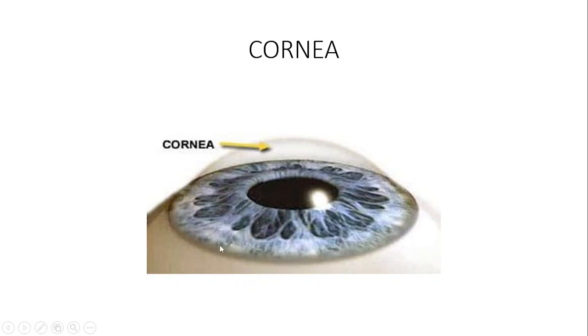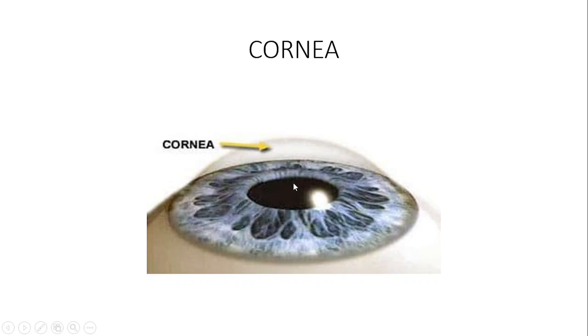Remember, at the center of the iris, there's a hole. Look at the hole, a black hole at the center of the iris. This is known as the pupil. That is the hole which is found at the geometric center of the iris.